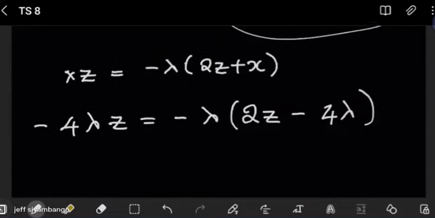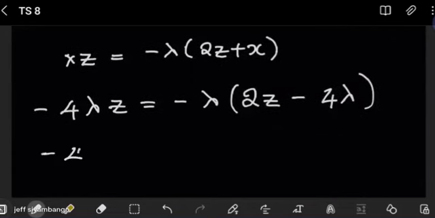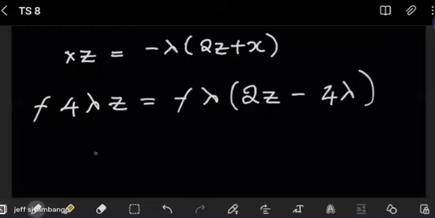If we continue with this, we see that this is going to be minus 4 lambda z equals, I'll distribute now, but notice that the negative can cancel out from both sides. If the negative falls off, we now remain with 4 lambda z equals 2 lambda z.